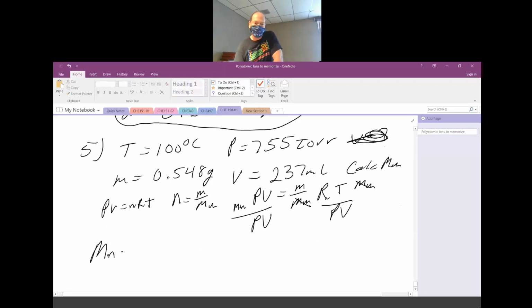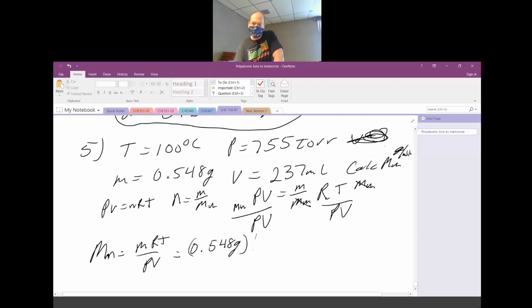Molar mass is equal to mRT over PV. Now you have to have the right units. The mass units have to be grams, because you must know that molar mass is grams per mole. And the mass is given in grams, 0.548 grams.